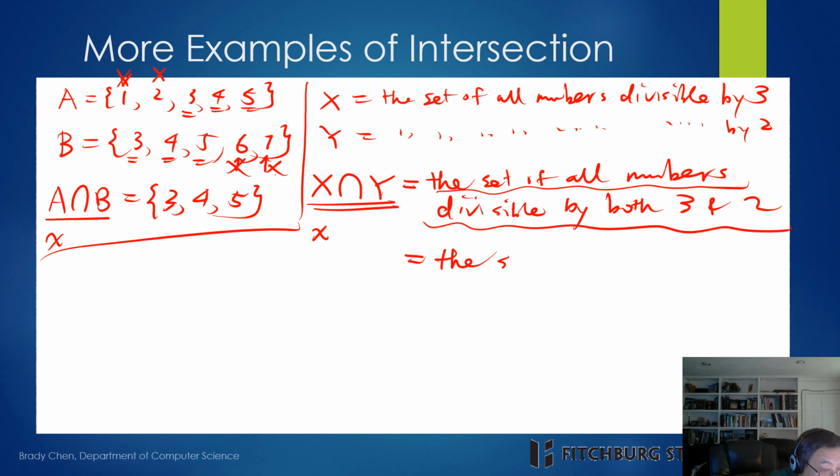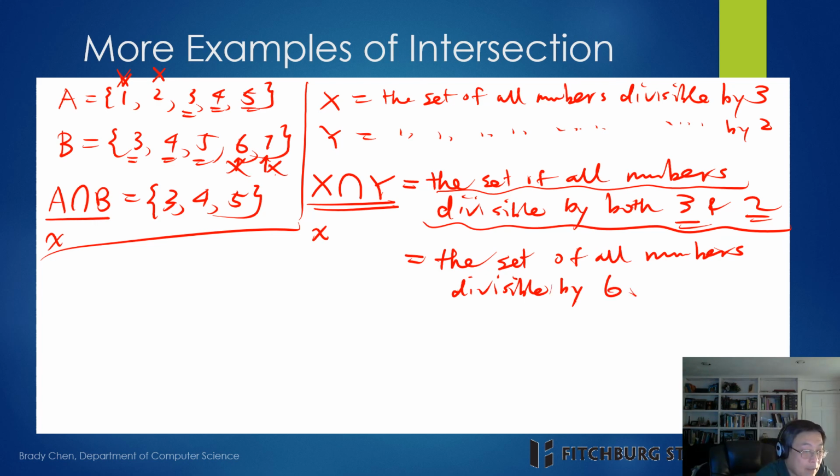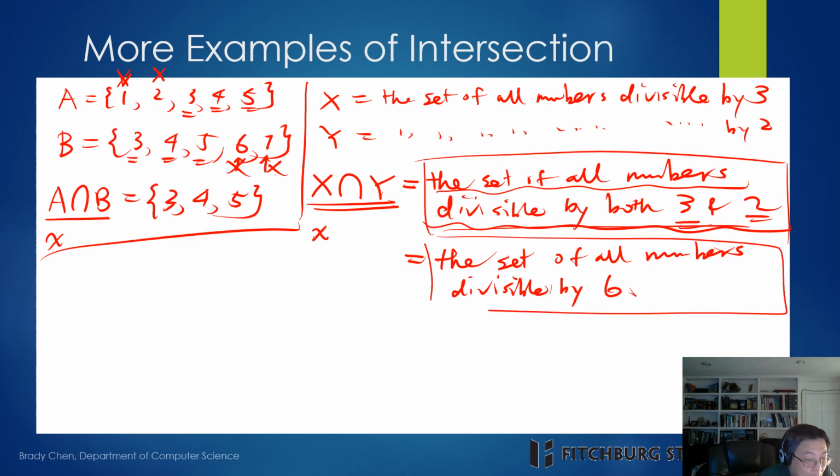You can say, if divisible by both 3 and 2, then it's a set of all numbers divisible by 6, since you can multiply 3 and 2 to get 6. Now these are the same set. It's actually a simplified version, but it doesn't make any difference. You can also just express X intersection Y with that statement, but you can use that one as well.